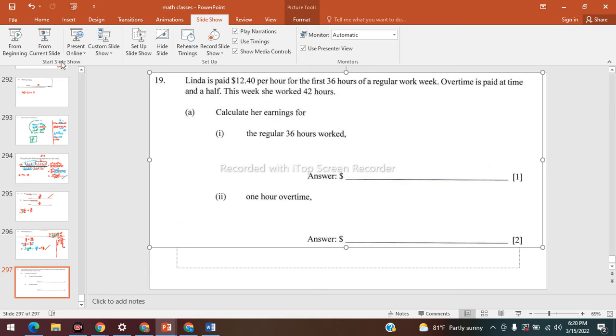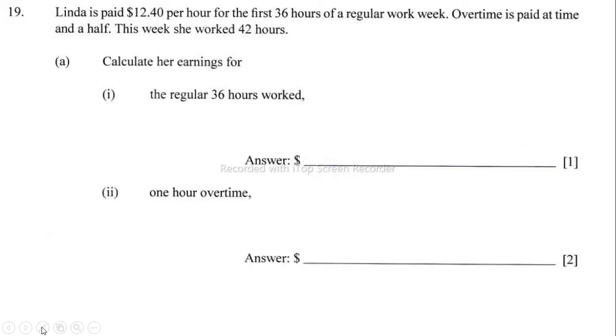All right, so the question states the following. Linda is paid $12.40. We know that. So she's paid $12.40 per hour. Every hour she's going to be paid $12.40, but that's within the 36 hours of regular work.